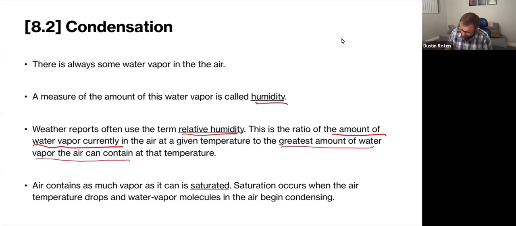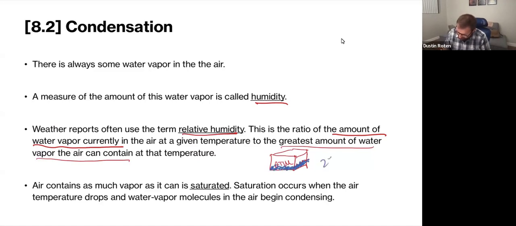So if you have a box, we'll say this is a box of atmosphere, ATM. You've got a big box, and it's capable of holding a lot of water, but maybe we just have a little bit here. Right, so here's the water.